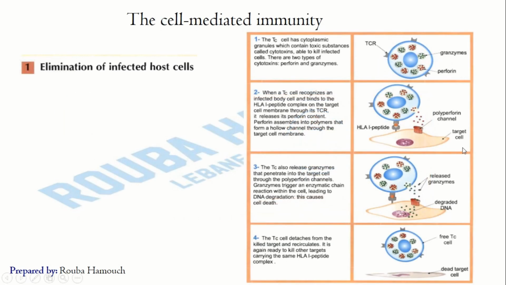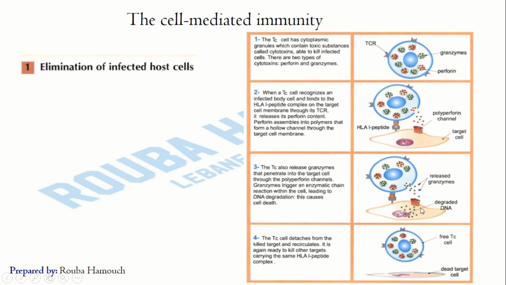So it's the cascade of elimination of infected host cells by the cytotoxic T lymphocytes. First, we have perforin release to create a polyperforin channel through the membrane of the target host cell. Then granzymes are released by the TC. They pass through the polyperforin channel.